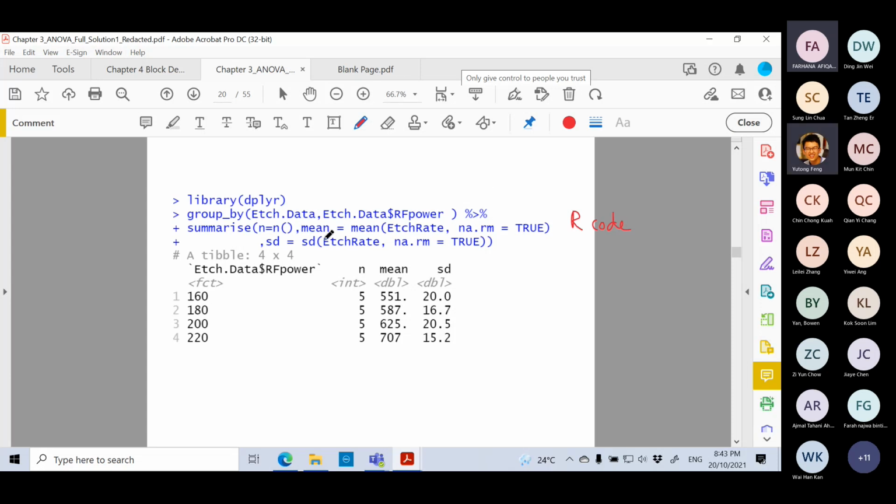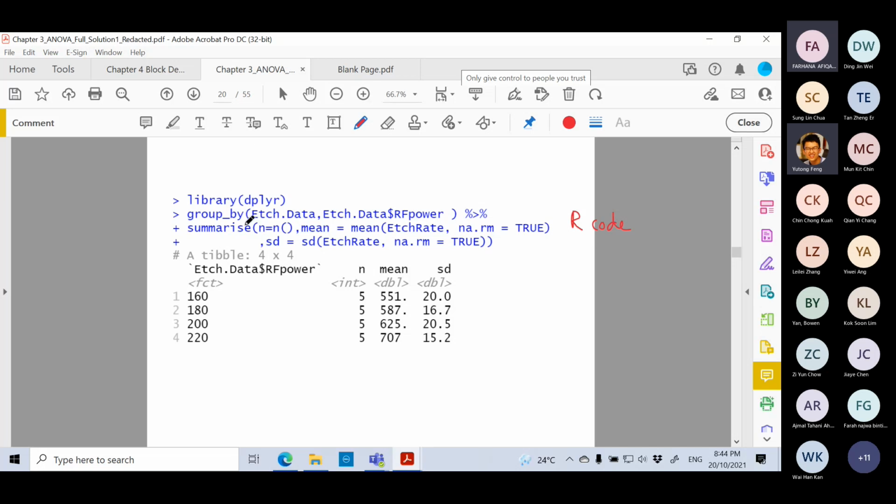I just supply the code here for you if you want to see the mean and standard deviation for each level. To perform it, first you need to read your data into R.